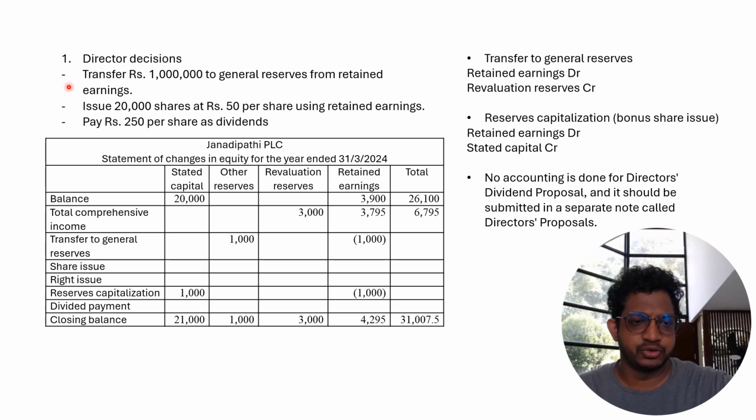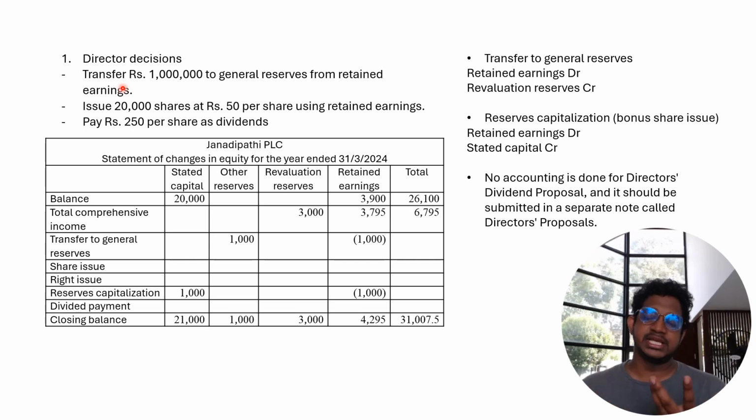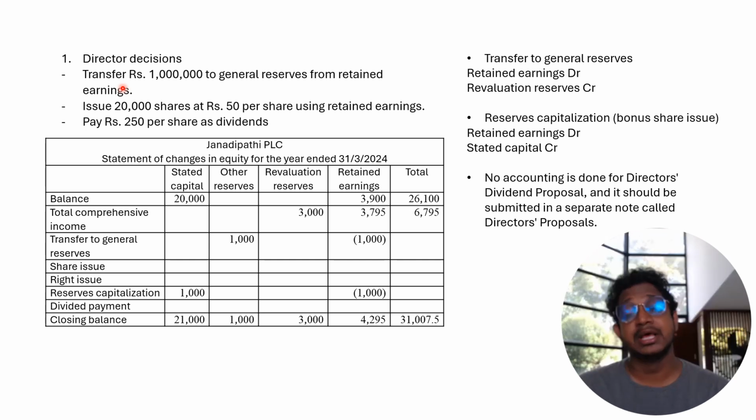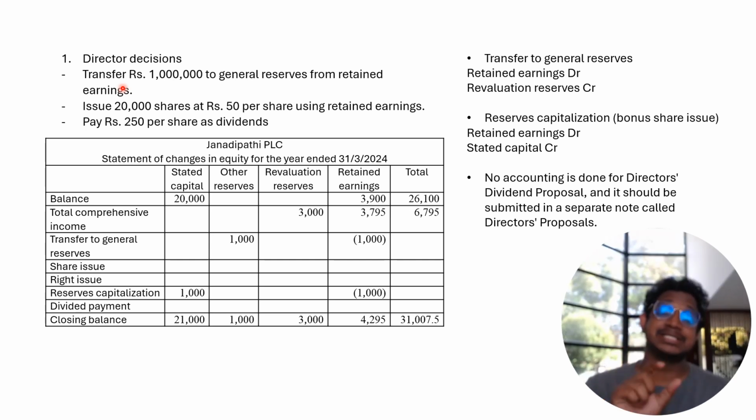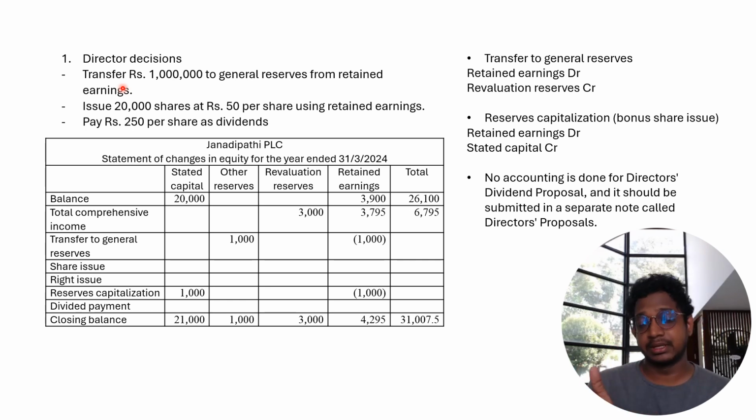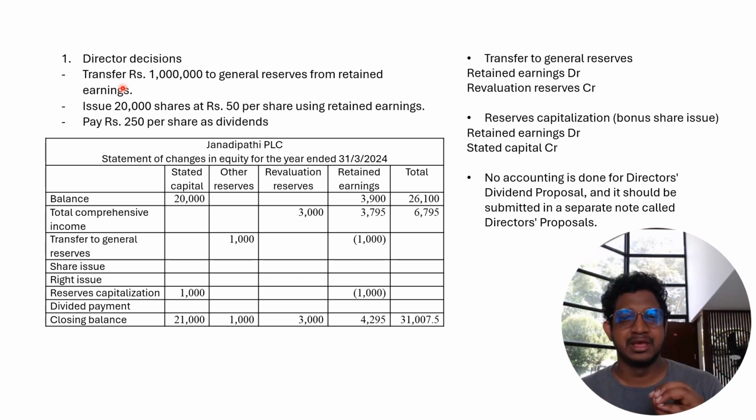And yes, this is the fourth adjustment, director decisions. For director decisions, what happens to the equity components in companies, you have to mention in the statement of changes in equity. So there is a separate statement for that. When we go back to the sole proprietorship, the equity differences we show in SOCE because there is only one owner.